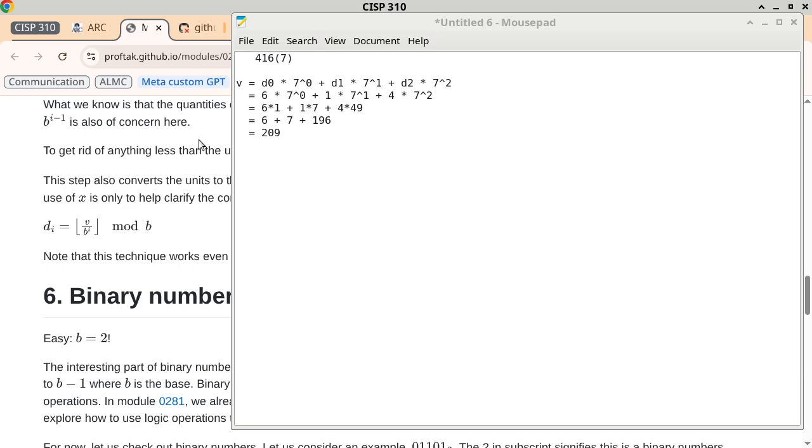What happens when i equals 1? Plug in the whole thing again. 209 divided by 7 to the power of 1. Take the floor and then mod it with 7 again. So this time I can, actually, I got it wrong. No, no, this is fine. Never mind, I just got a brain fart.